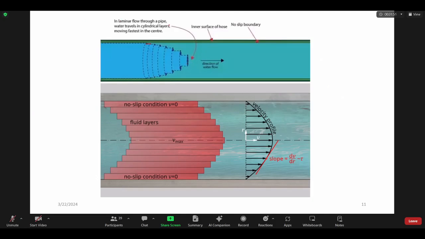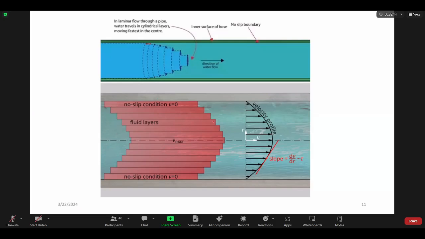In laminar flow through a pipe, water travels in cylindrical layers, moving faster in the center. It means in this area velocity is very high, and at the inner surface of the pipe, this area velocity is very low, very close to V equals zero.